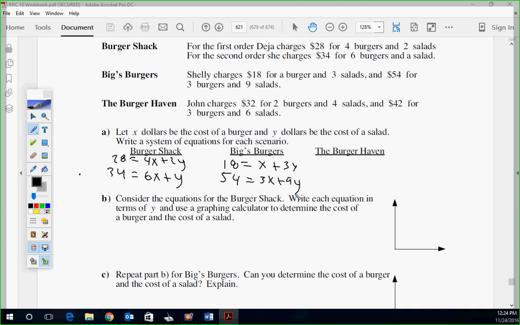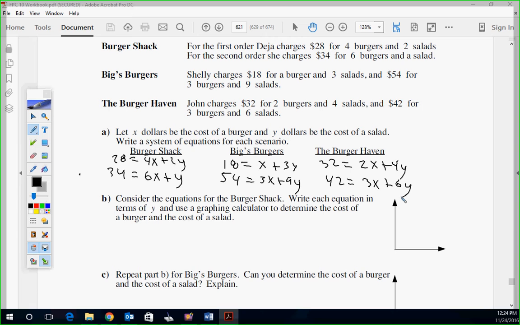The Burger Haven, John charges $32 for 2 burgers and 4 salads, $42 for 3 burgers and 6 salads, so 32 equals 2x plus 4y, and then 42 equals 3x plus 6y. Okay, so we just built all this, the 2 system equations for each place.